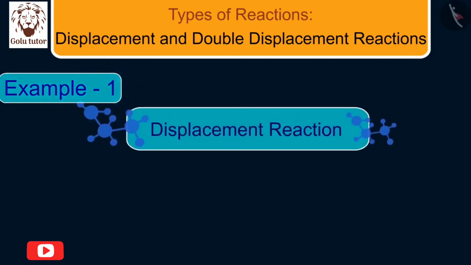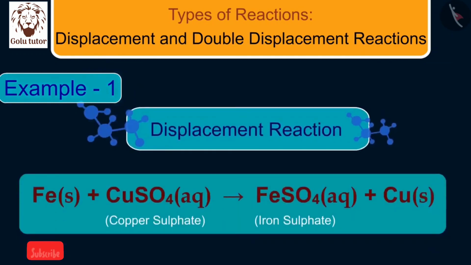The reaction that took place was iron reacted with copper sulfate solution, and as iron is more reactive than copper, it displaced the copper from copper sulfate and formed iron sulfate and copper. This reaction is known as displacement reaction.